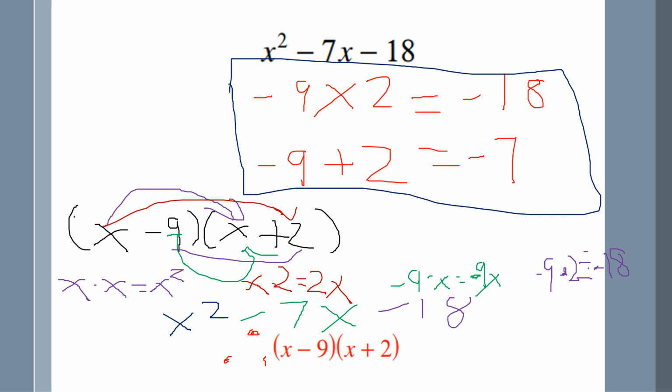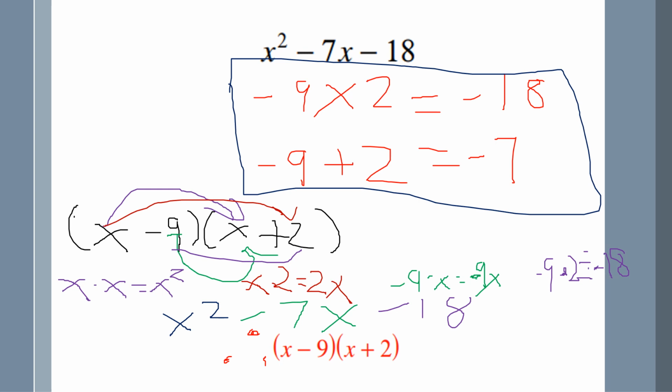It's just that simple. And if there's anything you misheard, just slow replay the video, because all I did was x times x, which gives me x squared, x times 2, which gives me 2x, negative 9 times x is negative 9x, and negative 9 times 2 is negative 18.